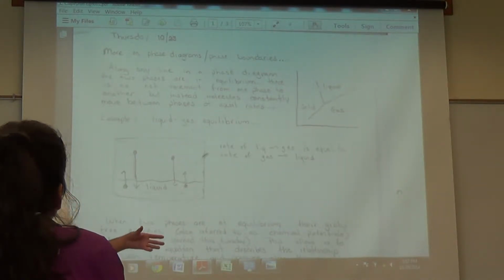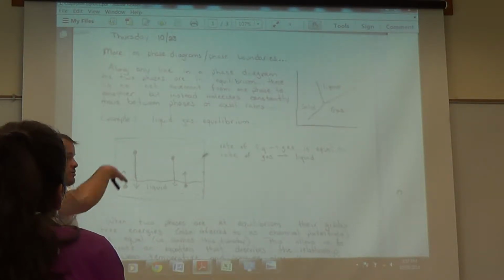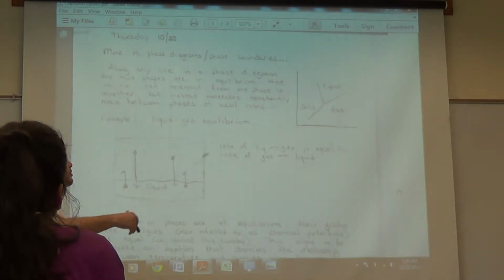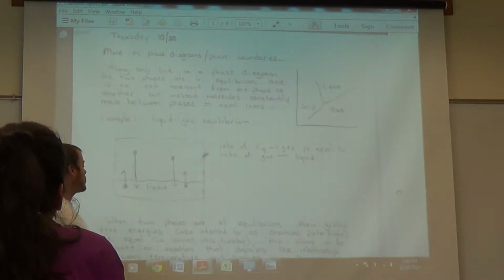Right? If one phase is at a lower chemical potential than another, then we can expect the matter to move into the phase of lower chemical potential. But along those curves, we're defining the chemical potentials to be equal. And so what that means is you have no net movement from one phase to the other, but what you do have is an equilibrium movement back and forth between the phases.